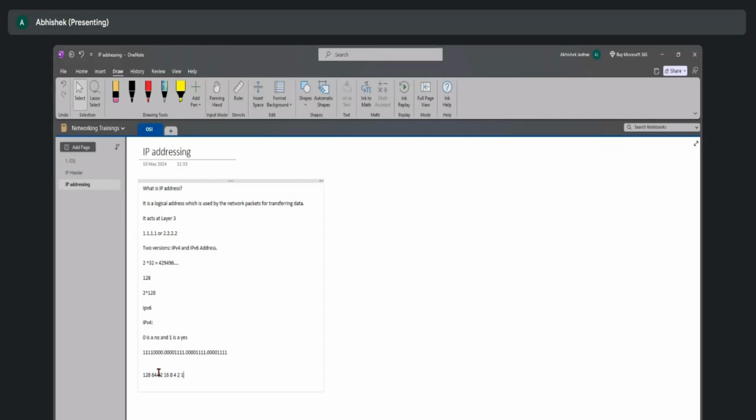Whenever you convert a number into binary, the basic thing you have to do is convert each and every octet into this particular format here, and you will be able to do it like this.